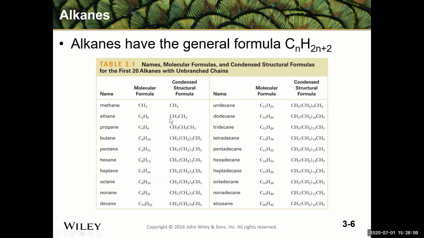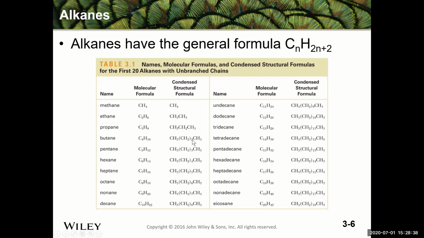There's a carbon-carbon single bond, and then there's 3 carbon-hydrogen single bonds attached to these 2 carbons. Okay, now C3H8. So the next one is propane, and again we can write a condensed structural formula. Now C4. Okay, so if we go C4H10 now, we get to butane.